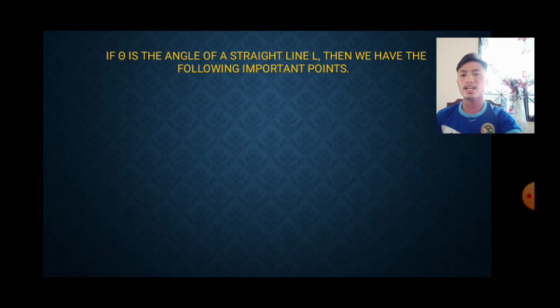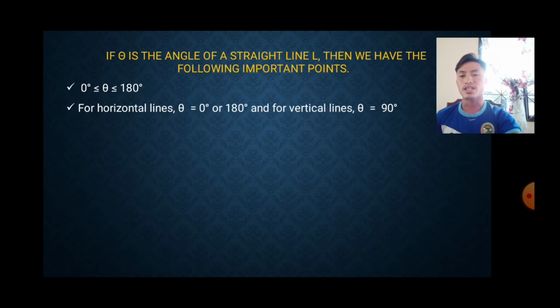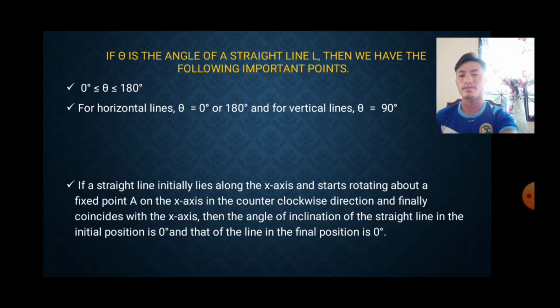So if theta is the angle of inclination of a straight line L, then we have the following important points. First, 0 degrees is less than or equal to theta, which is less than or equal to 180 degrees. For horizontal lines, theta is equal to 0 degrees or 180 degrees, and for vertical lines, theta is equal to 90 degrees.